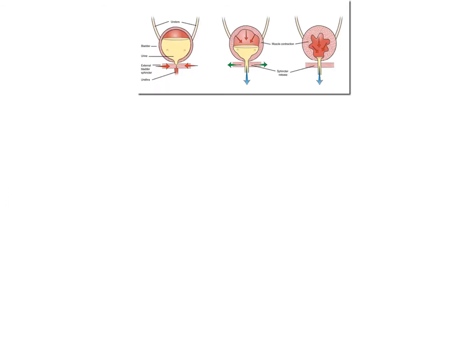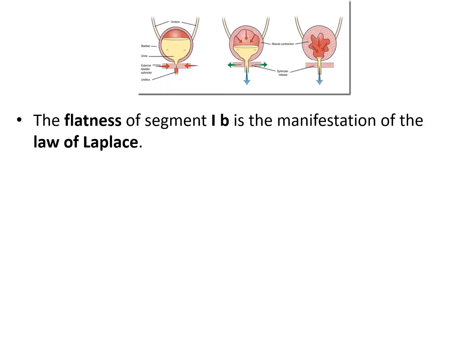A very frequent question in your MBBS examination is how we can justify the flatness of segment 1B in the cystometrogram, where there is accumulation of urine and increase in the volume of the urinary bladder, but without change in pressure in the bladder wall.